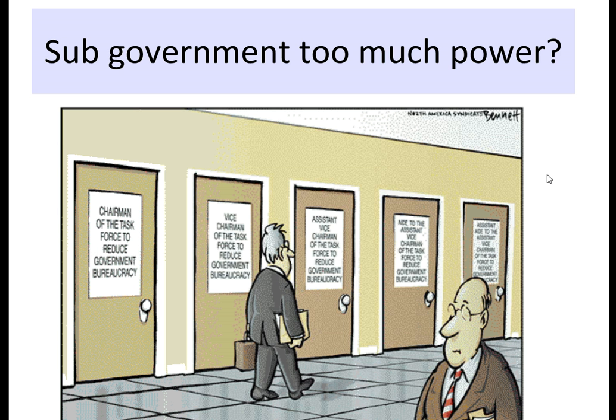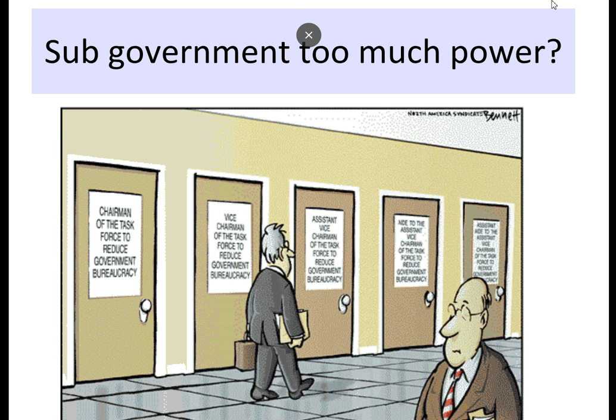And then a few things to think about, and this comes back to this cartoon that we've seen: do these sub-governments, do these bureaucracies, these agencies, have too much power? When you stop and think about the fact that many of the people will have these jobs most of their lives, there are not enough hours in the day or days in the year to have complete oversight over every single arm and every single branch, and we don't even know exactly how many of these bureaucracies and agencies actually exist.